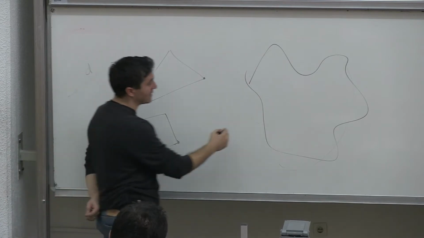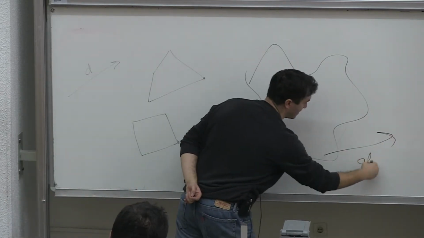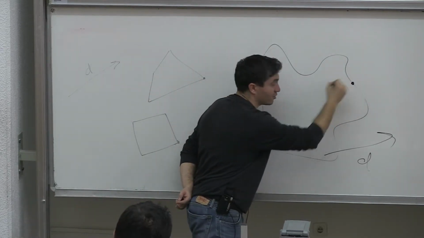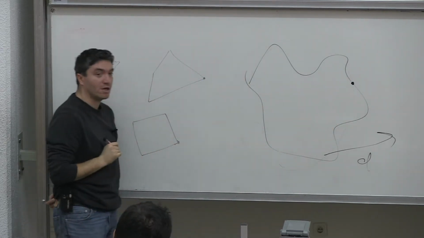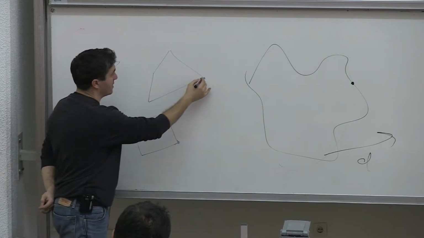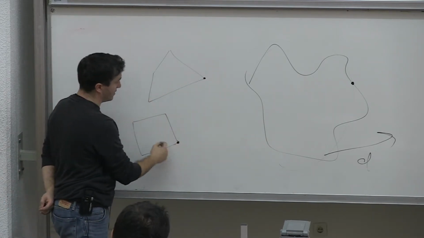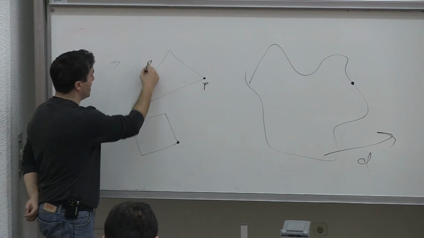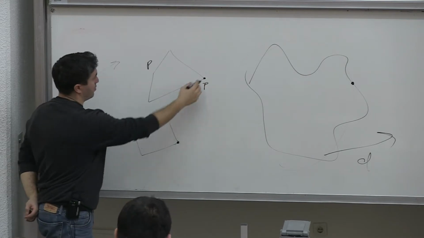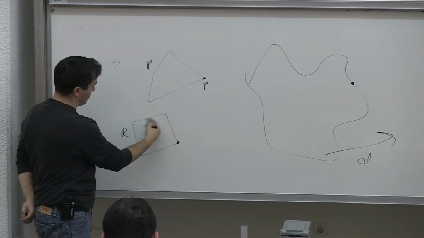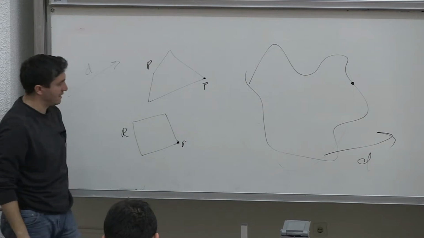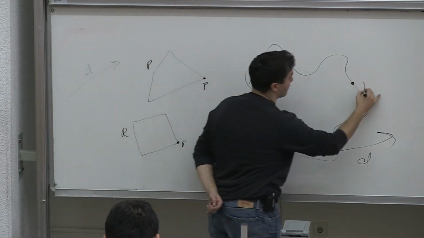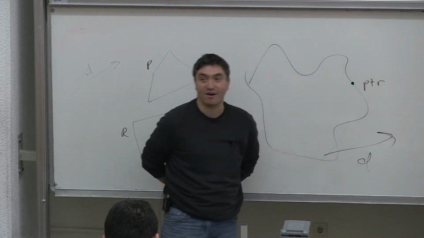So what it says is that if you take the same direction D, the extreme point in this direction is equal to the sum of the extreme points in this direction of these individual polygons. So if you know that the extreme point of this polygon P is this point P, and the extreme point of this polygon R is R, we know that in direction D, the vertex of the Minkowski sum is going to be P plus R.